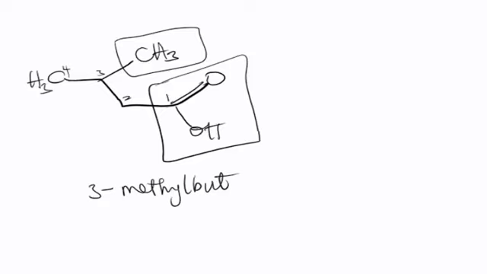But in this case, I'll have to call it a butanoic acid because of the COOH, or because of the carboxylic acid group. So this is 3-methyl butanoic acid. So let's go ahead and wipe this and see the next example.